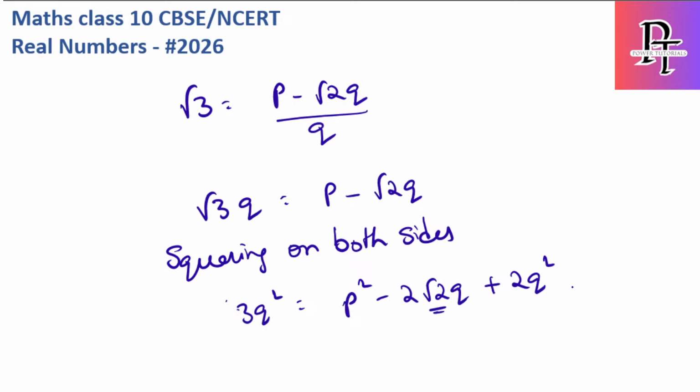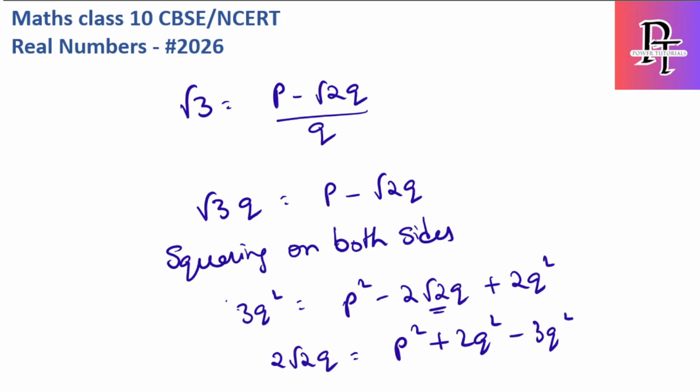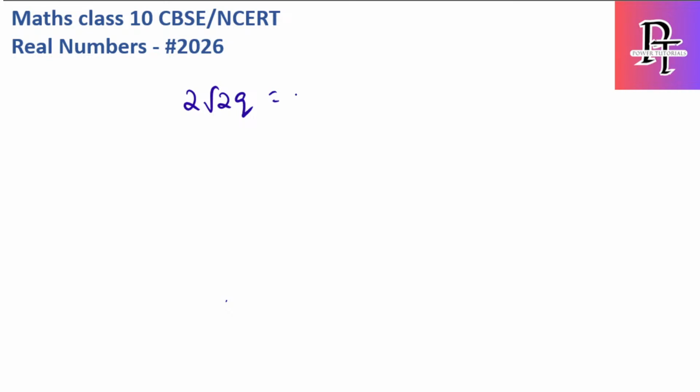Rest all I have are integers. So simply root 2q, I'll keep it on the left side. What it will become? p square plus 2q square minus 3q square. The next step, 2 root 2q is equal to p square minus q square.